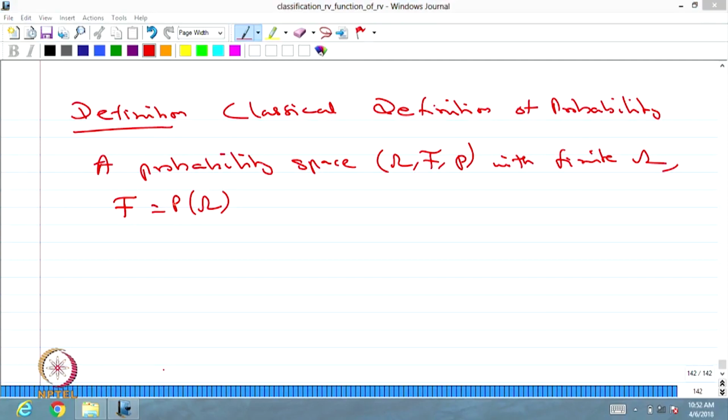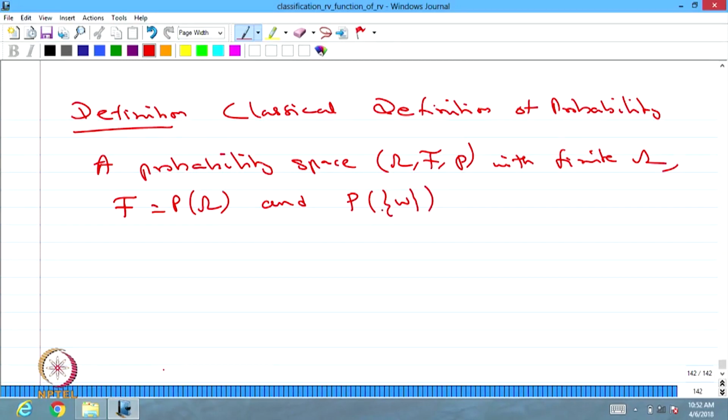F is the power set of omega, and the probability measure of a singleton element w is equal to 1 divided by the number of elements in omega, for all w belonging to omega.